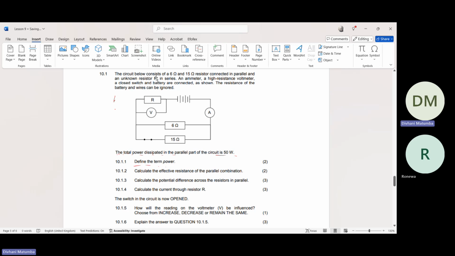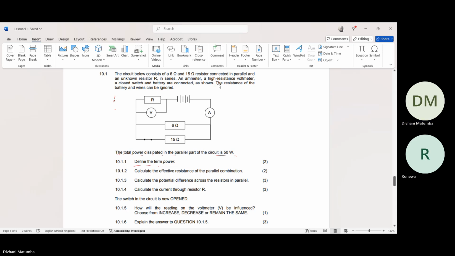Okay. The circuit below consists of 6 and 15 ohm resistors connected in parallel and an unknown resistor. This is coming from a June paper, I think last year. They're saying an ammeter, a high resistance voltmeter, a closed switch, and the battery are connected as shown.